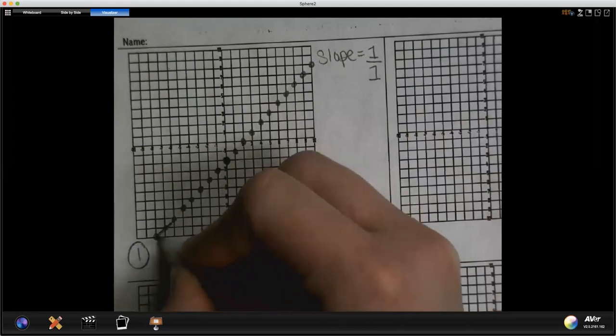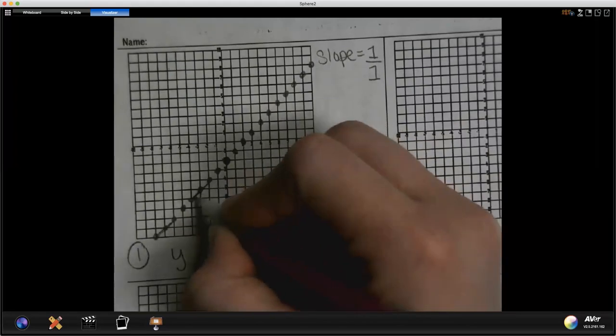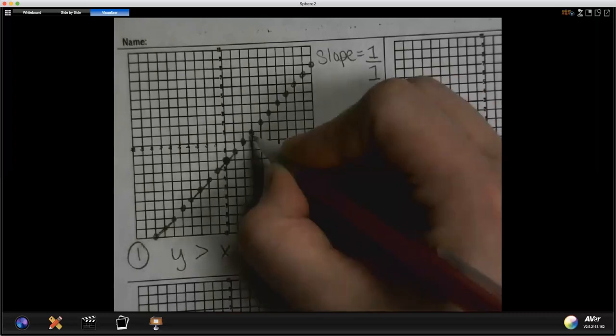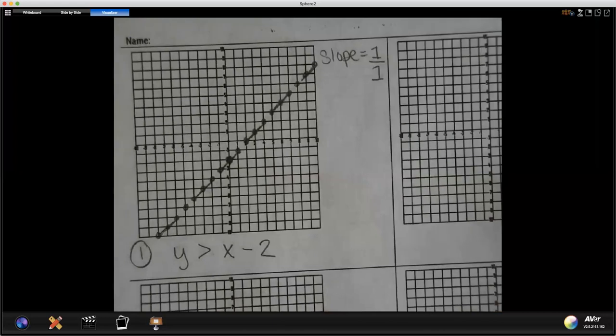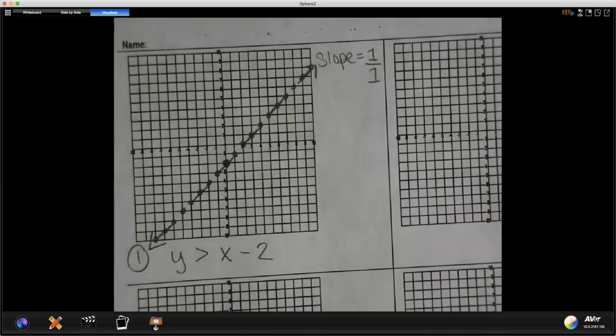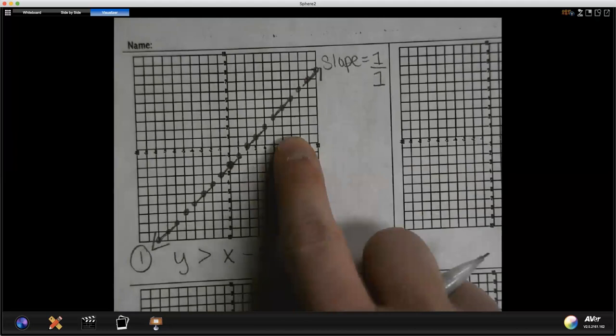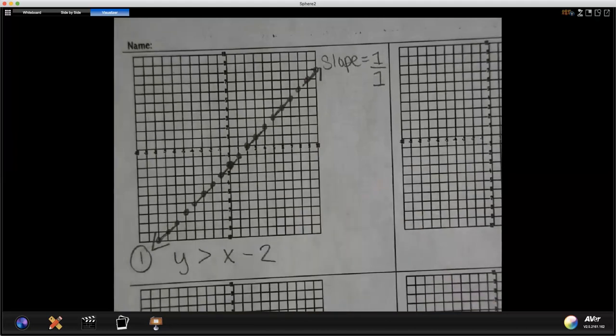So I draw a dash, skip a couple, draw a dash, skip a couple, and you have an open dashed line. The biggest thing is it has to look open. So you need to skip a couple every so often so it doesn't look like it's actually connected the whole way through. Okay, so that's step 2.